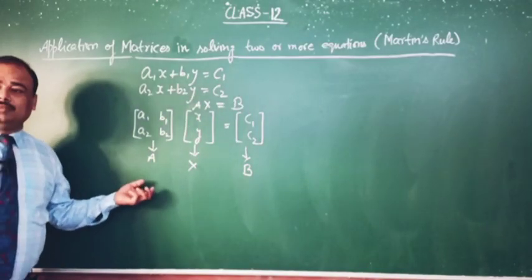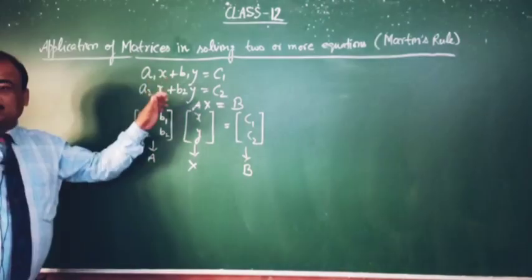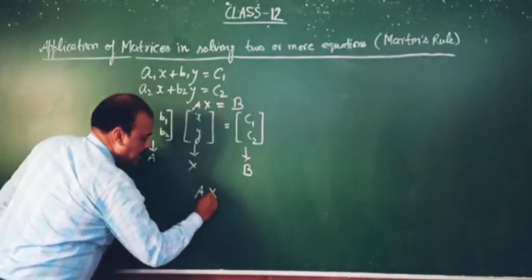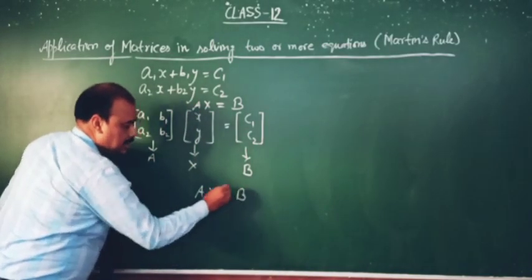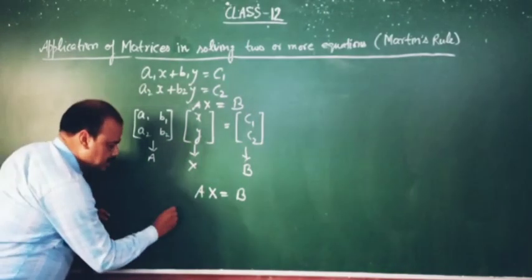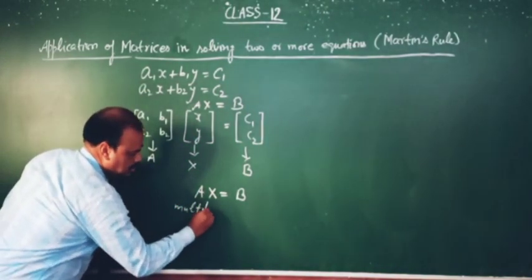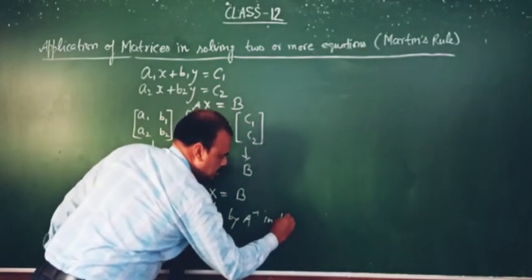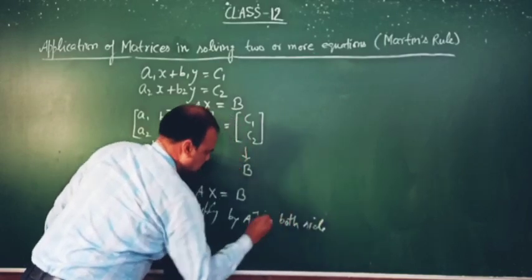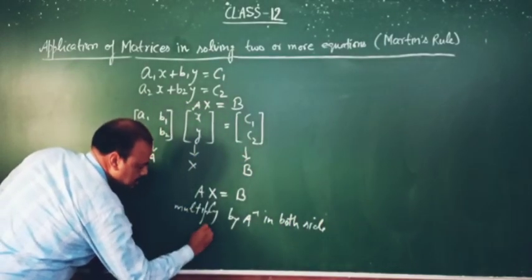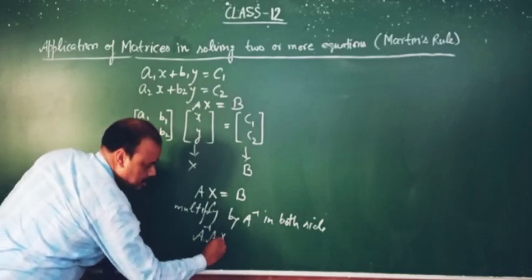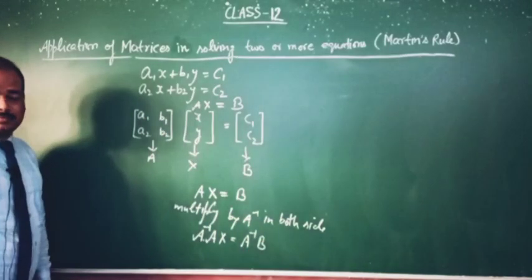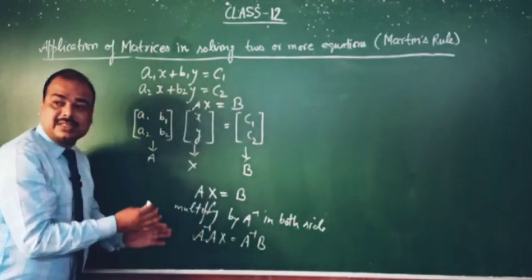Now, how to solve these two equations by using the matrix method? If we write AX equal to B and we multiply A inverse on both sides, then A inverse into A into X equal to A inverse B. A inverse A means identity matrix.